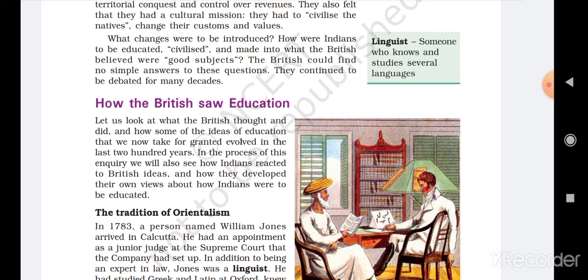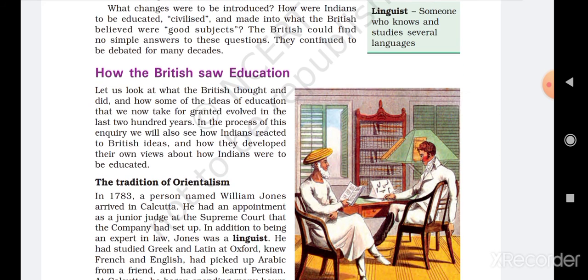People studied this for a very long time, and then concluded some ideas of education, and those ideas are very common now. We don't even know the history behind those ideas. That is what it is telling, that some of these ideas took 200 years.